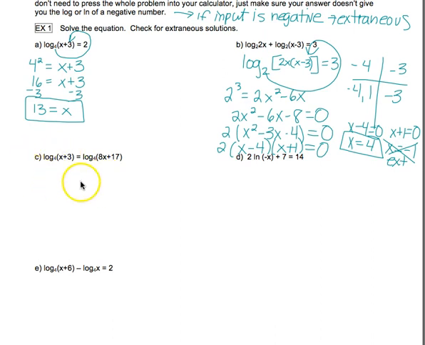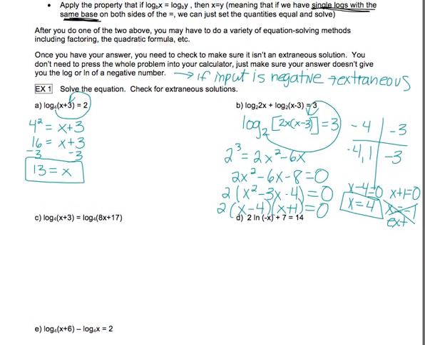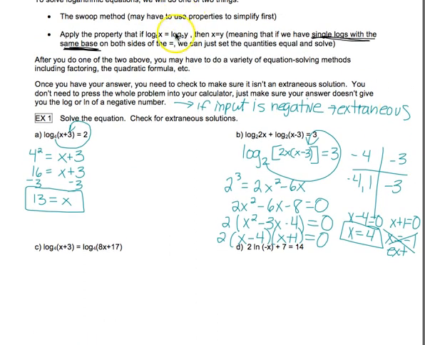Okay. Now we're going to look at C. C is a different type because I do have two logarithms, but they're on separate sides of the equal. And when that happens, that looks like this up here. So this is Swoop method, is when I can get it to a single log.